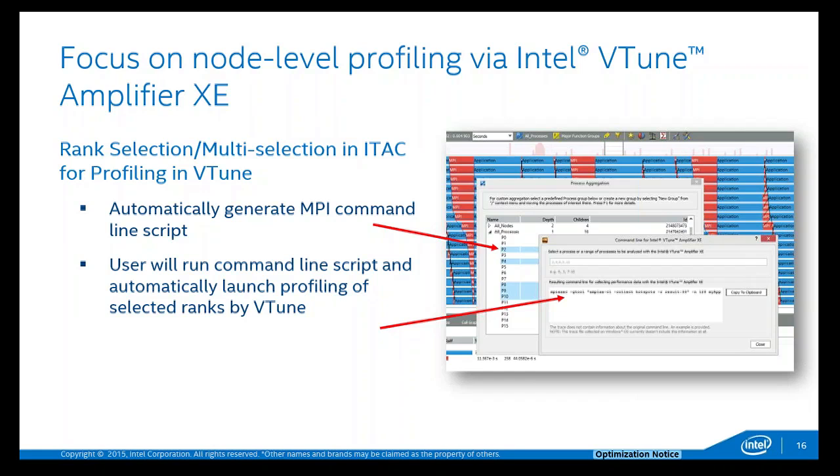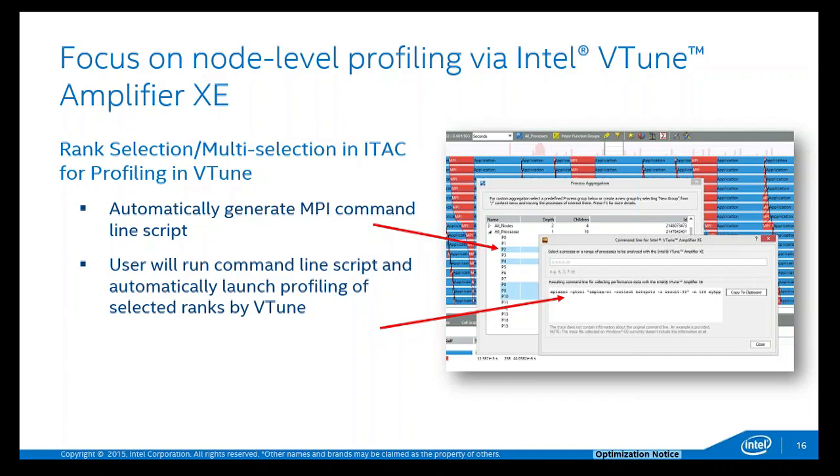I feel people should generally be very familiar with that tool. But one thing we have added recently is support for hybrid applications, which is supported by the trace analyzer and collector, and by the MPI performance snapshot as well.